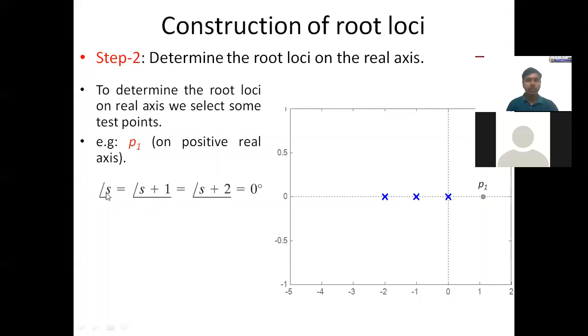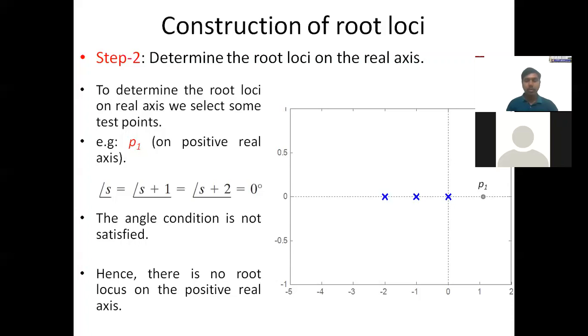So when it has only the real part, suppose p is equal to 0, p1 is equal to 0.5, so s is equal to 0.5, and the angle of 0.5 is equal to 0 degrees. Here 0.5 plus 1 is a positive number, so its angle is 0 degrees. Here it is 0.5 plus 2, 2.5, and the angle is equal to 0 degrees. So all of these have an angle equal to 0 degrees, which is not an odd multiple of plus or minus 180 degrees. So the angle condition is not satisfied. Therefore, there is no root locus till this point, till this first pole.